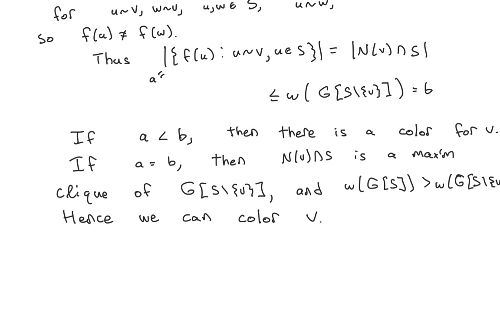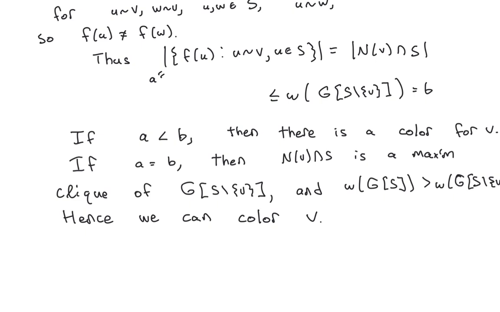So let's do that. Let's take two neighbors of V that are both in S, call them u and w. Since we already know that the induced subgraph on the neighborhood of V is a clique, it follows that these two have to be adjacent, which means that f of u can't be equal to f of w. In particular, if I let A be the set of colors of neighbors of V that are in S, then I see that each color gets used exactly once in this set.